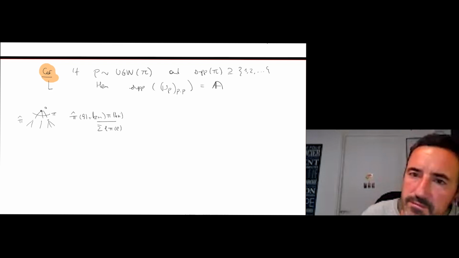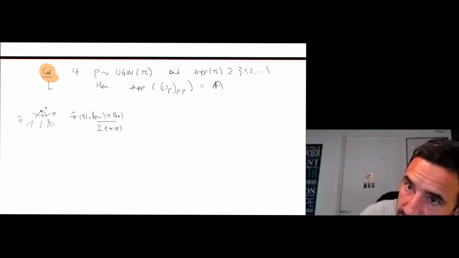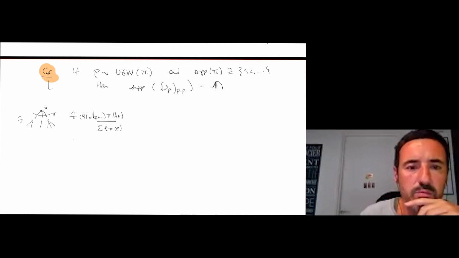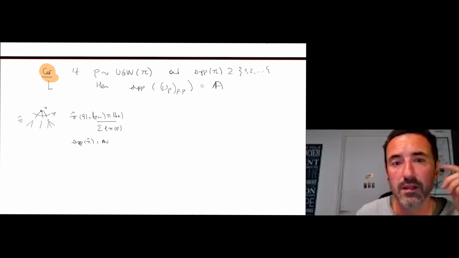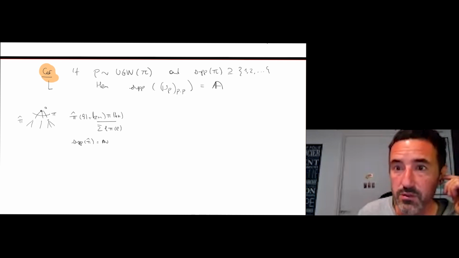Okay. So why is it so? Because if the support of pi is the positive integers, then the support of pi hat will be all the integers, because there will be a mass at 0, since pi hat of 0 is proportional to pi of 1, which has to be positive.